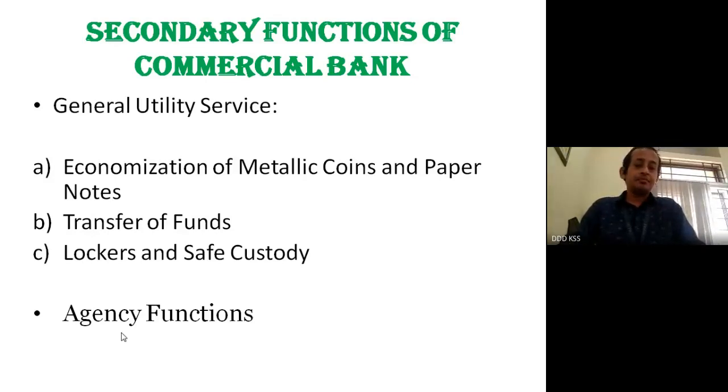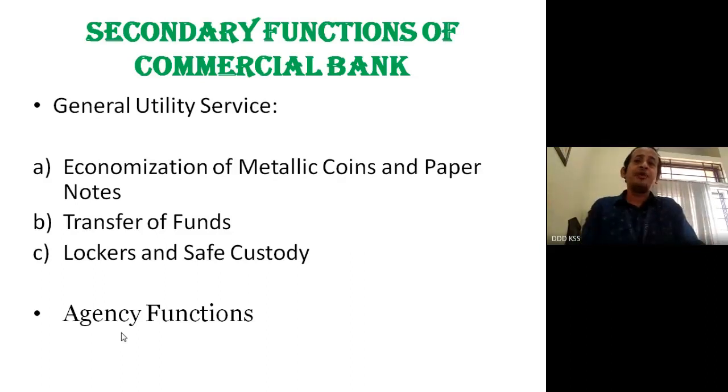Banks, by issuing letters of credit, checks, drafts, traveler's checks, etc., economize the legal tender of money. Like the bank issues coins, then paper notes. So the bank issues letters of credit, checks, drafts, traveler's checks, etc., and economizes the legal tender money.